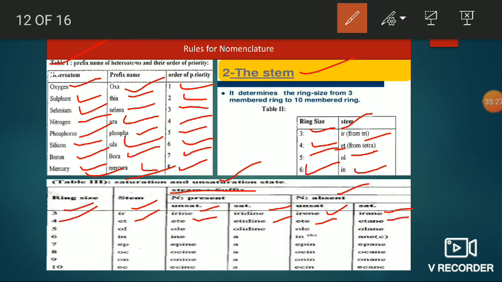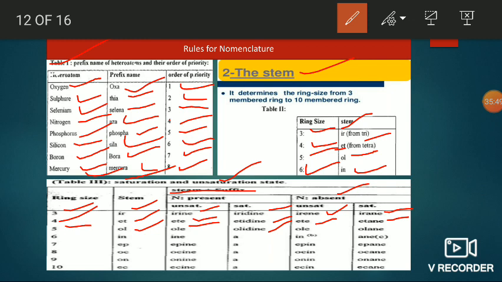In the case of a five-membered ring, the stem is "ol". Then if the compound contains a nitrogen atom as well as it is unsaturated, then the stem plus suffix becomes "ole". Then if it is saturated, then "olidine".